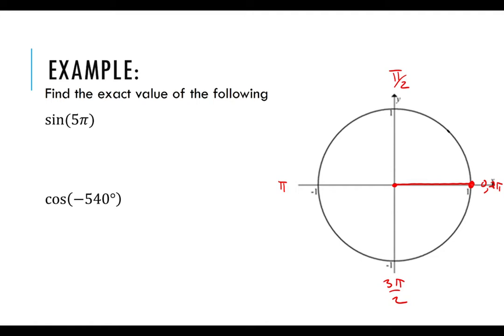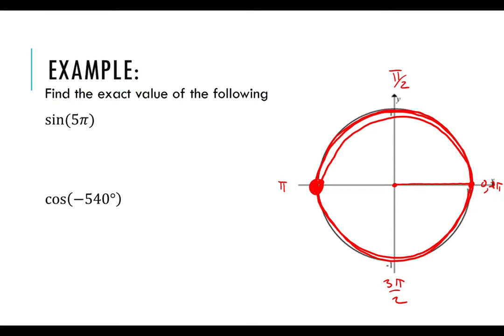If we're rotating for 5 pi, we rotate pi radians. Then we rotate 2 pi radians. Then we keep going. This gives us 3 pi radians. Then we get back over here to 4 pi radians. Then we come back around for 5 pi.